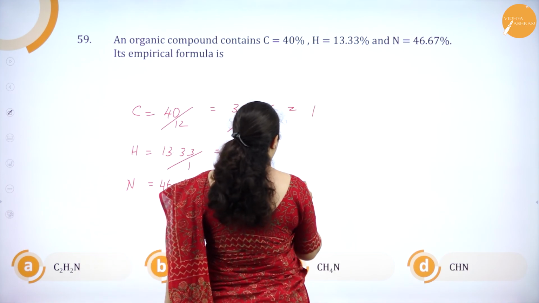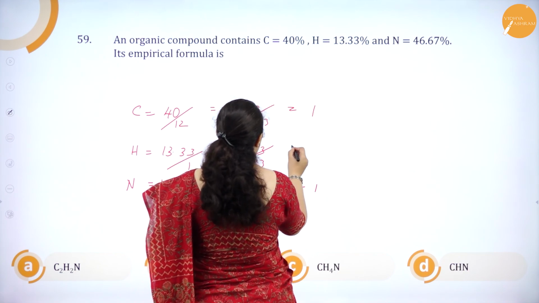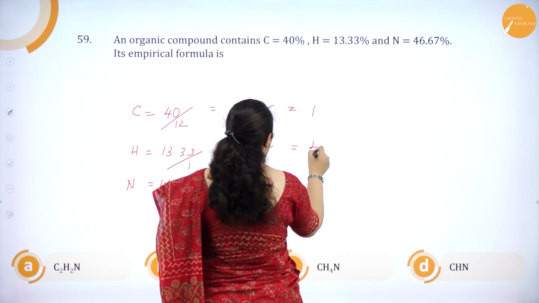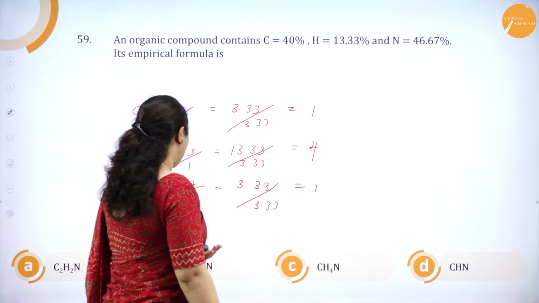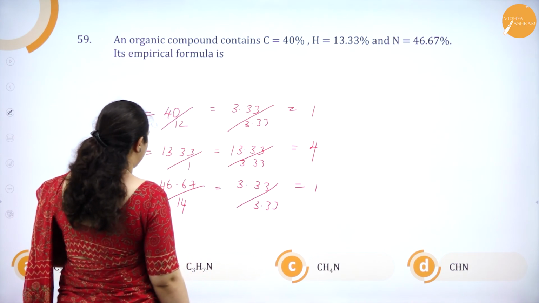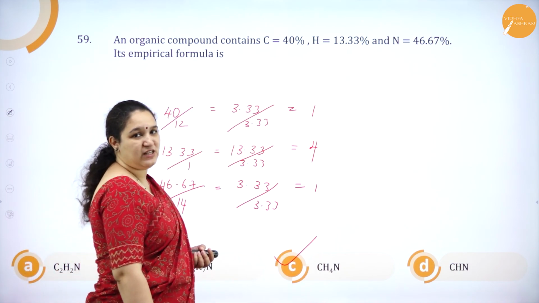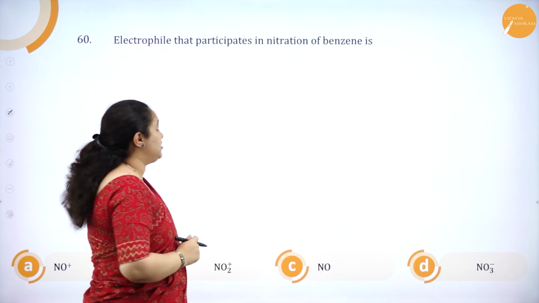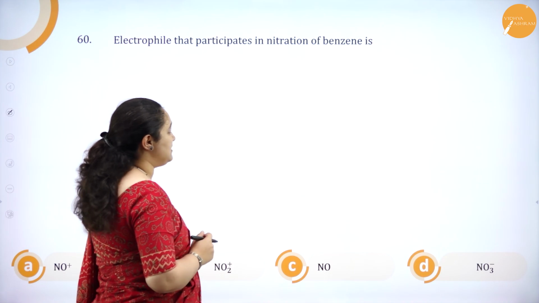So this is equal to 1, this also is equal to 1, and here it will be equal to 4, approximately 4. So you will get the answer as CH4N, option C.